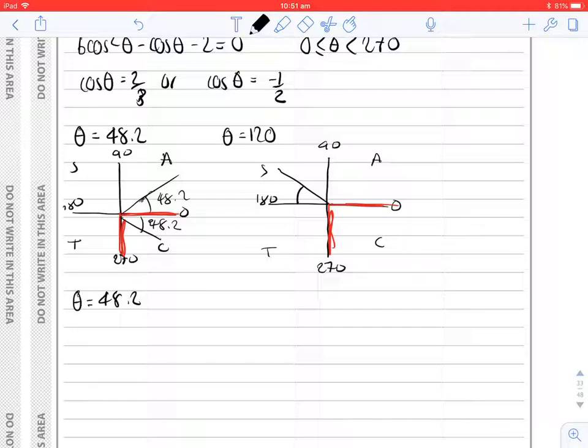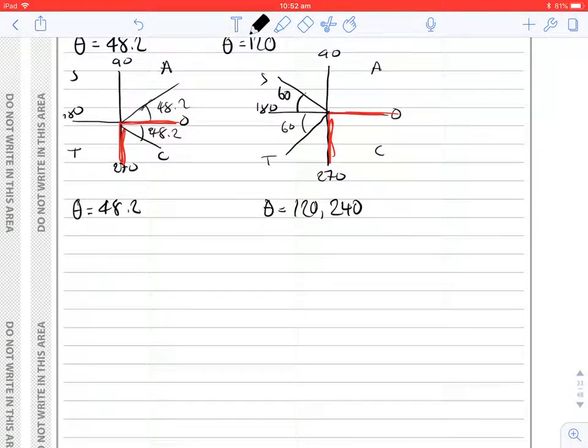So from 120 to 180, that's going to be 60. Cos theta is negative here, so I'm looking in sine and I'm looking in tan. So my theta values start where I hit my line at 180, take away 60, 120. And then my next line at 180 add 60, which is 240. So my theta values are 48.2 degrees, 120 degrees, and 240 degrees.